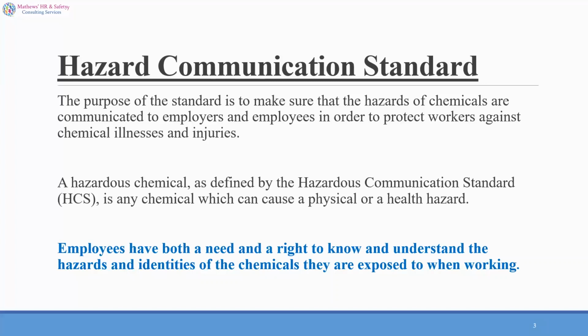The hazard communication standard is based on a simple concept that employees have both a need and a right to know and understand the hazards and identities of the chemicals they are exposed to when working. They also need to know what protective measures are available to prevent adverse effects from occurring. The HCS is designed to provide employees with information they need.